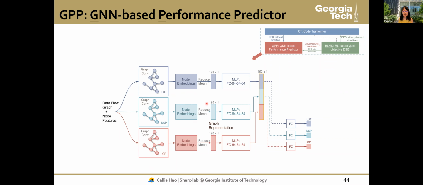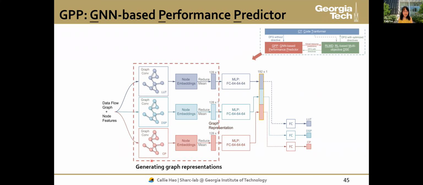Because we're doing graph-level prediction, we have to do graph pooling to get a graph representation. We're not focusing on specific nodes, we're focusing on the entire graph. Then we go through some multi-layer perceptron, and we get the predicted output.